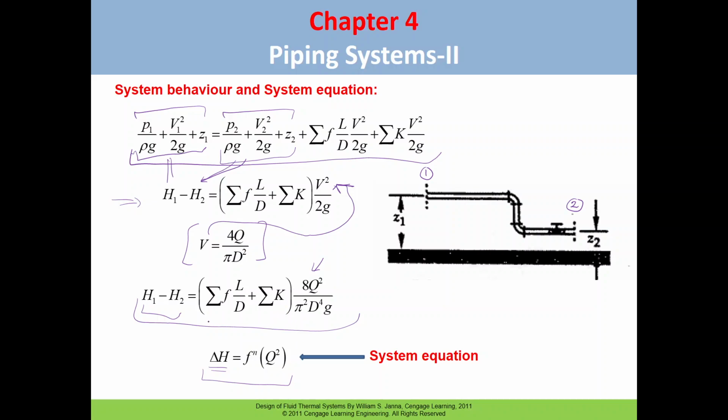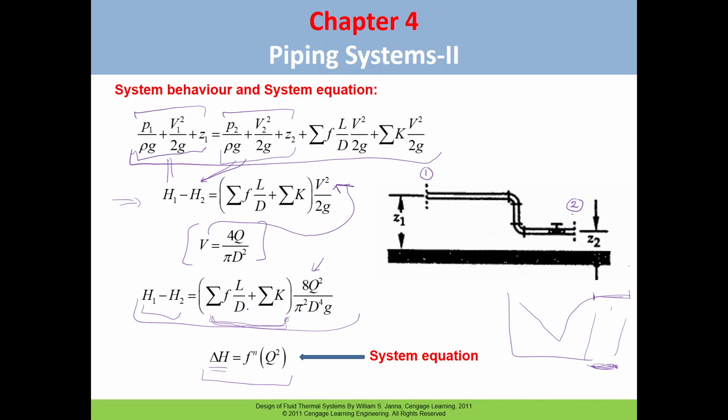Why are we taking all these as constant? Last time I discussed the friction factor curve with you, and we saw that after a certain Reynolds number, in the high Reynolds number range, the friction factor becomes almost constant. So all these terms are constant for the system. The length is fixed, the diameter is fixed, the friction factor becomes constant at high Reynolds number, and the summation of k values are constants.